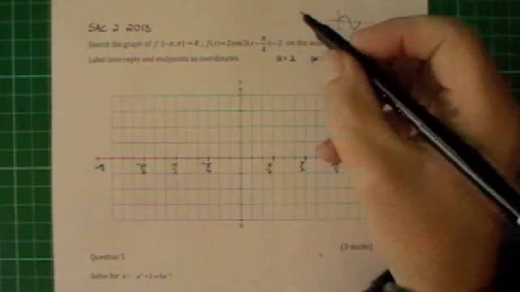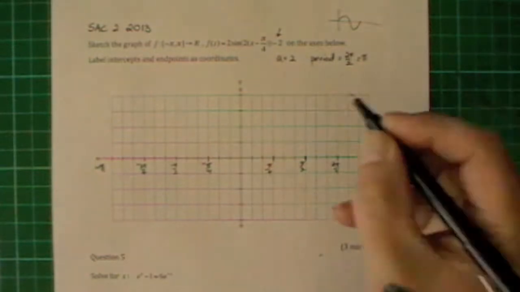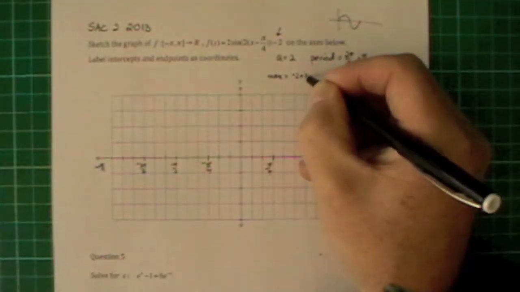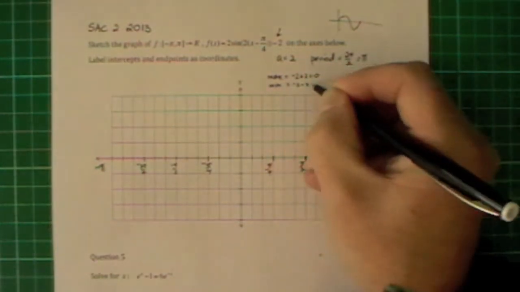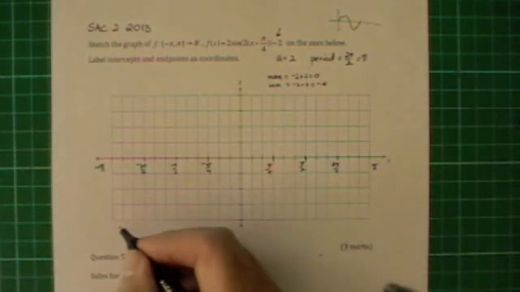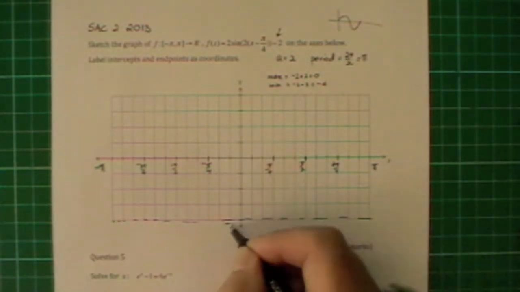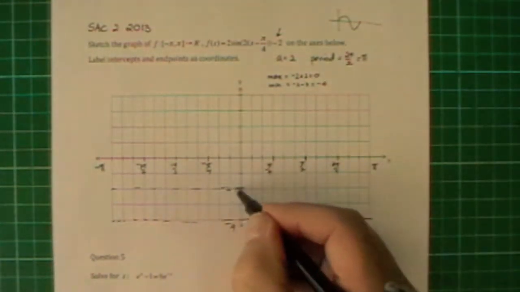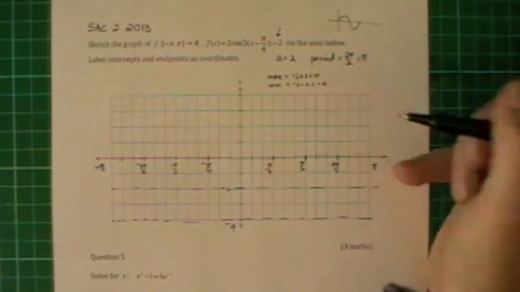So a equals 2, and we have a mean value of minus 2 there, which means that our maximum is going to be negative 2 plus 2, 0, and our min is negative 2 minus 2, which is negative 4. And we can draw those in. So here's our negative 4, we'll make that negative 2, that's our mean line, and we've got our maximum line there, 0.